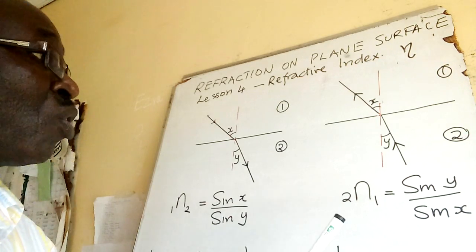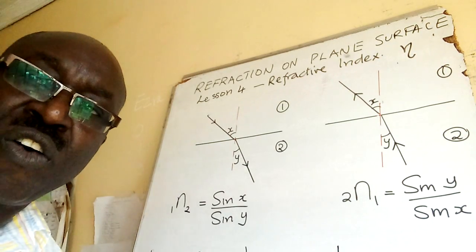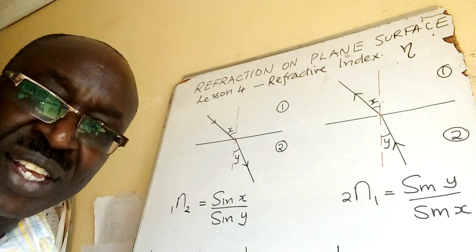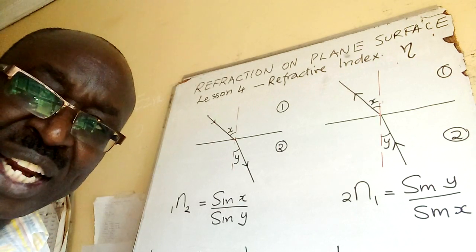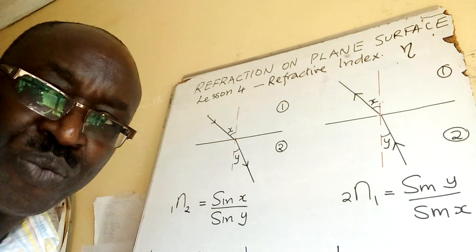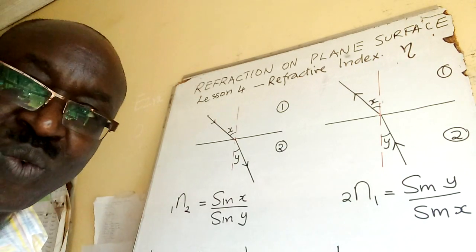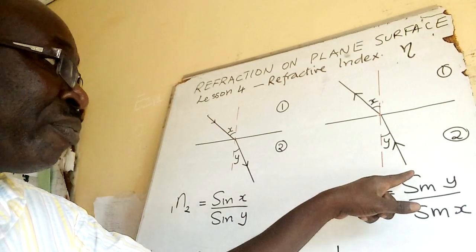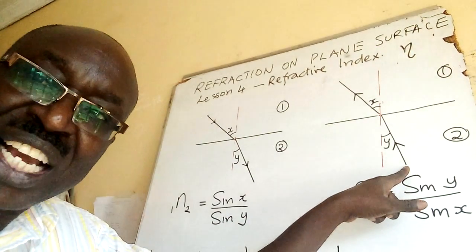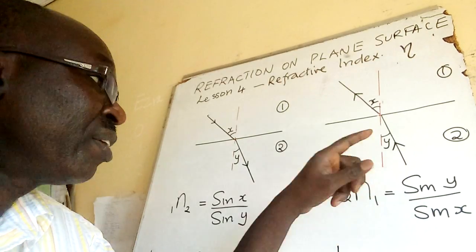So our angle of incidence is in the medium where the ray is coming from, in this case Y. This would be our angle of incidence by virtue of having the incident ray.